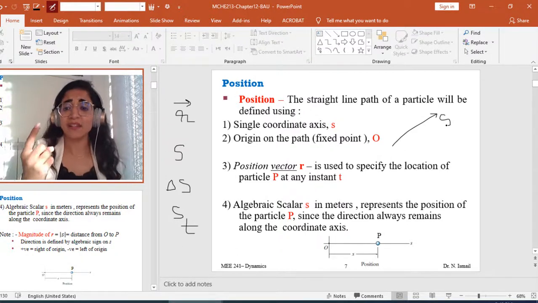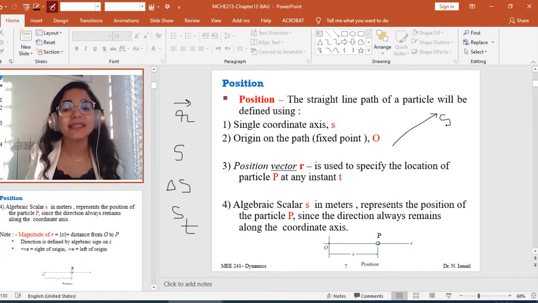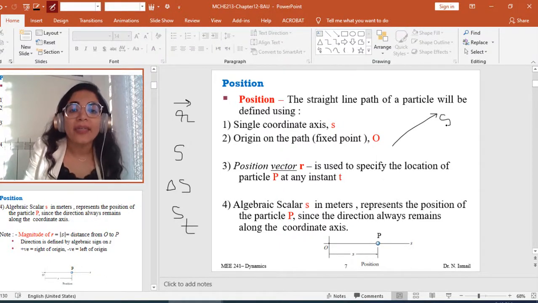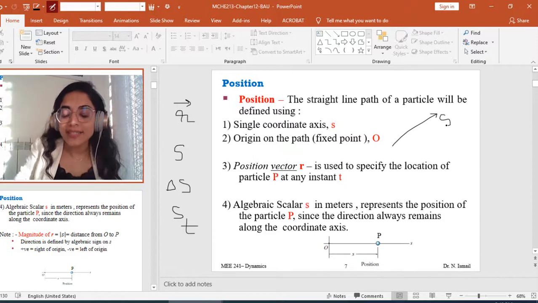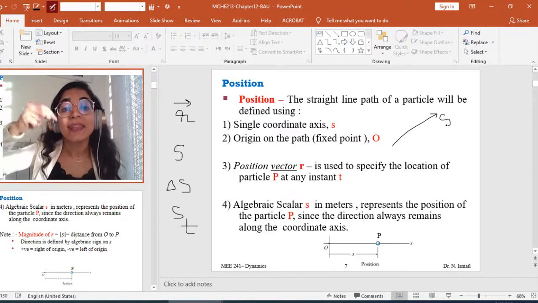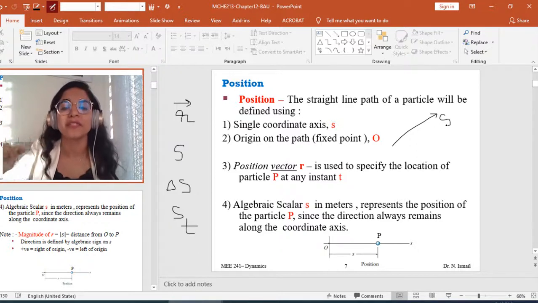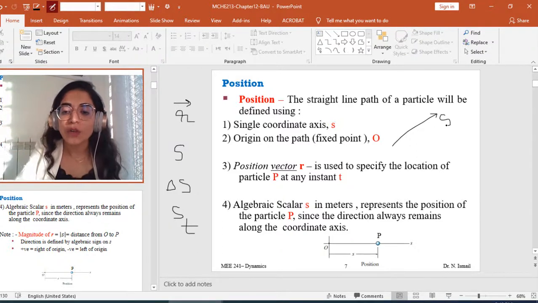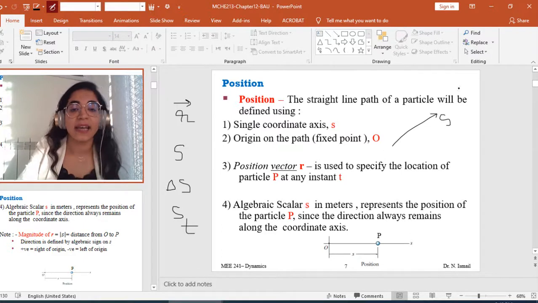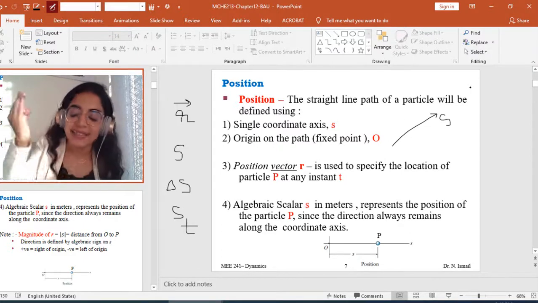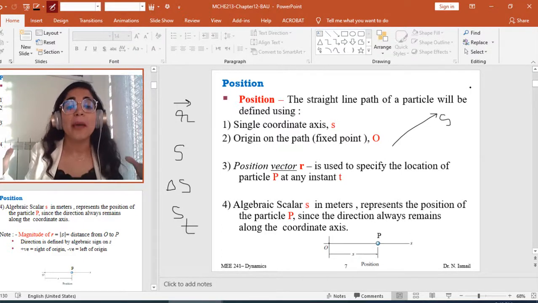So why is it single? Why don't I need another axis? Because in fact, the path is rectilinear. Since the path is rectilinear, I only need one axis in the direction of this path. So if the path is oblique in this direction, I have to take S in the same direction as this path.